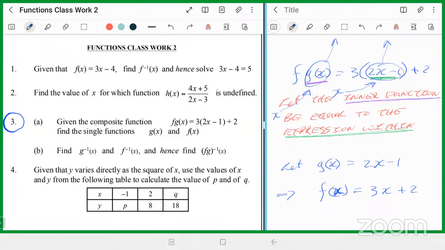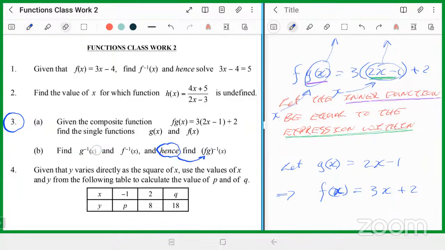So after we find these two functions, which is what the first part wanted, to find these two functions from the composite, the next part wants us to find the inverse of this one and that one, the g to the minus one and the f to the minus one. And here's another keyword again, hence. It wants us to find this.